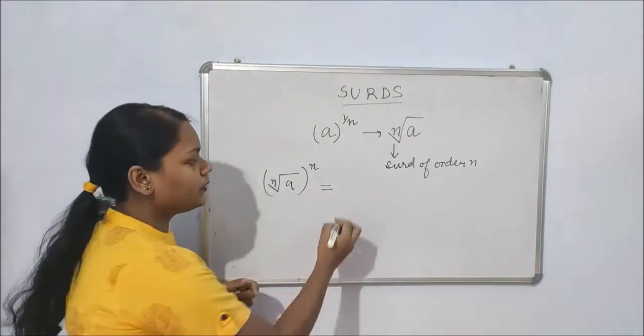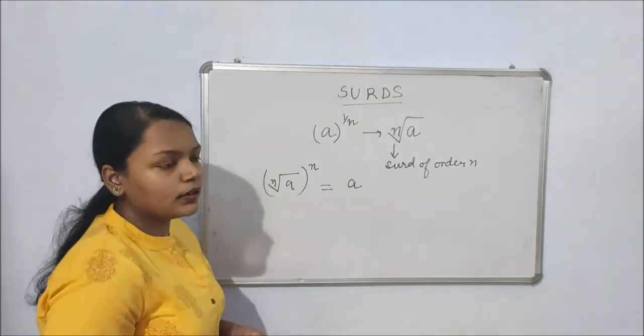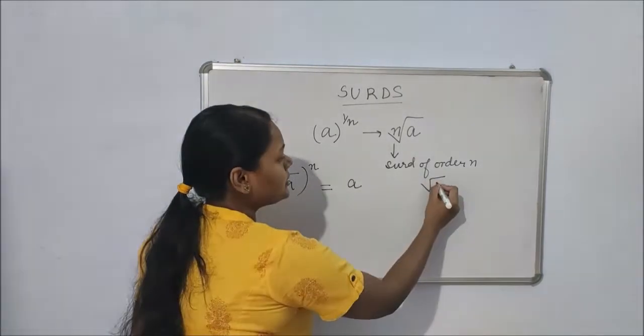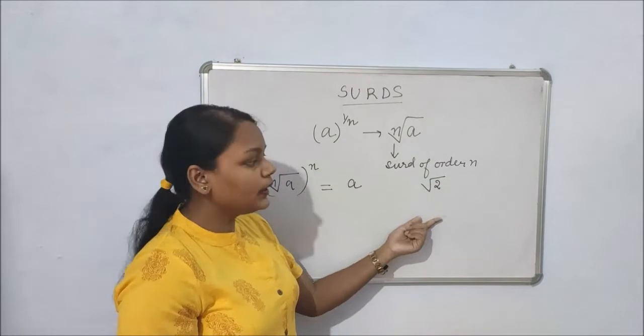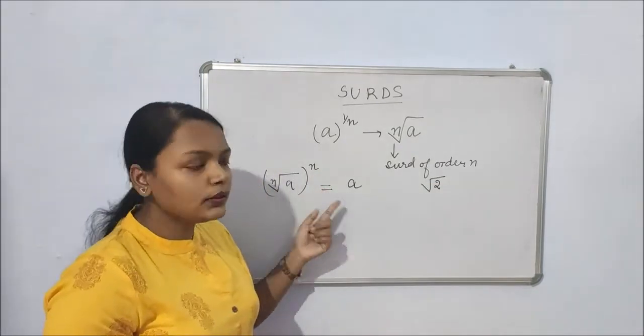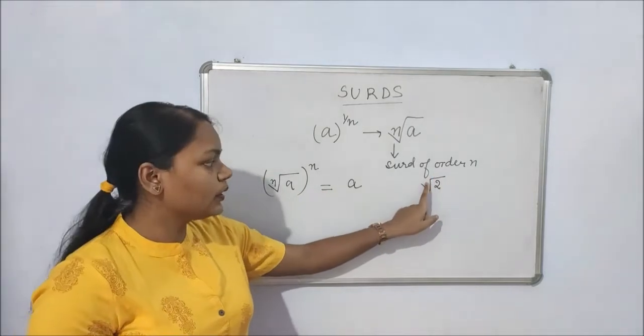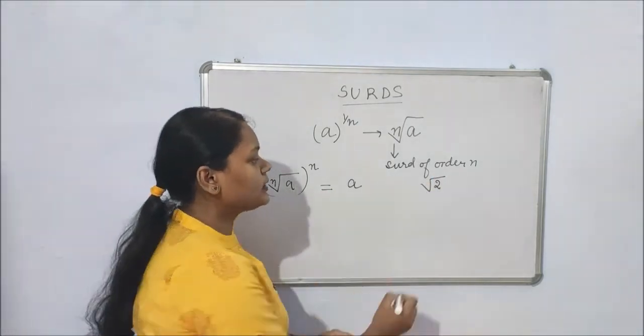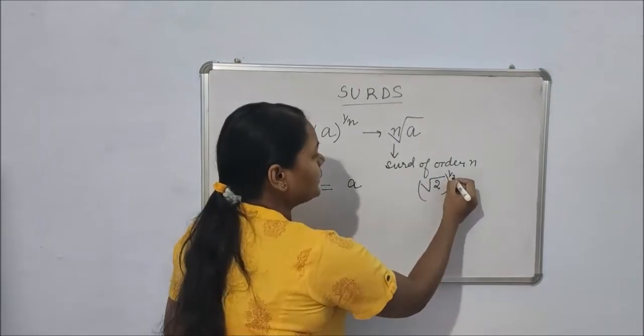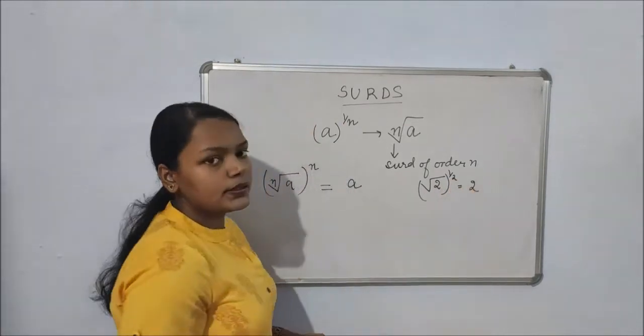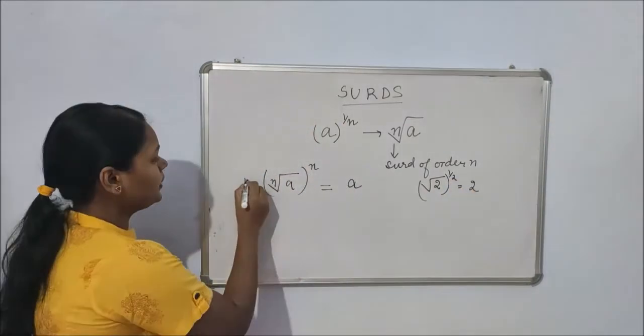So this will give the number itself, which is a. For example, let's take the simplest example. Here n will never be 1, it starts from 2 and 2 is not written in the square root index. So we write this and this raised to the power 1 by 2 is nothing but 2 itself. This is the first thing.